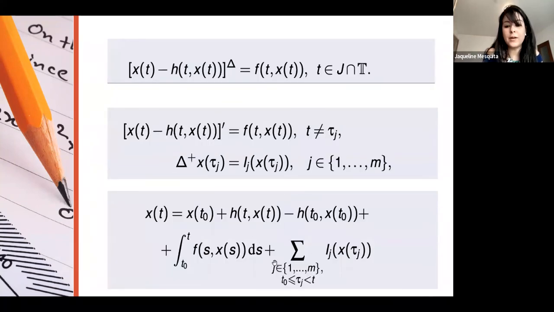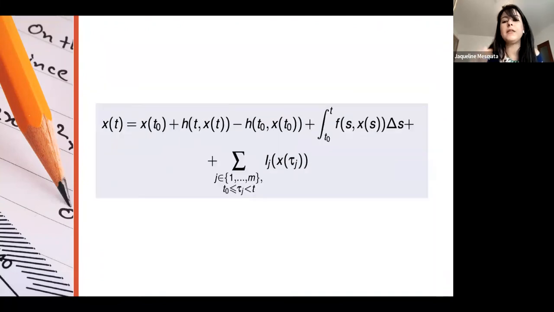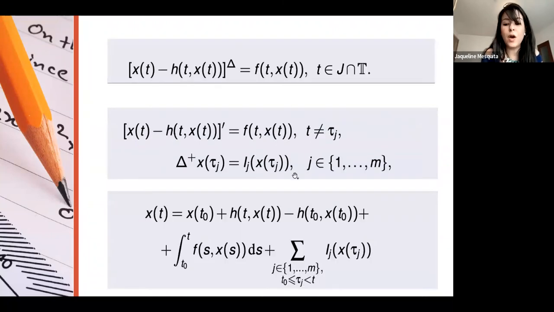Also, more than that, I didn't bring it here, but it's possible to extend all the results for dynamic equations on time scales with impulses, because as we saw before, we have this relation with g and our hybrid measure differential equations.